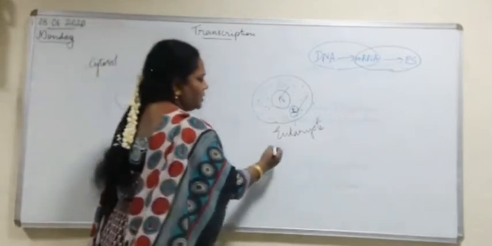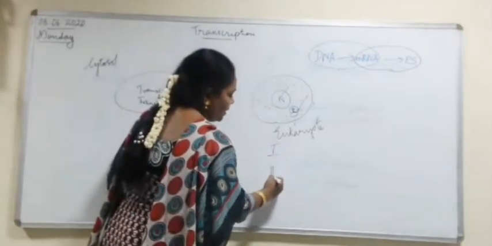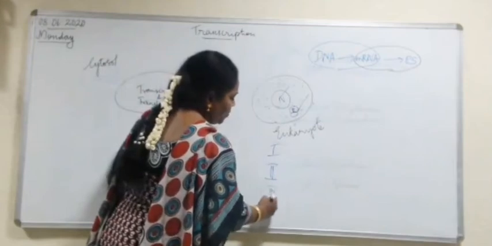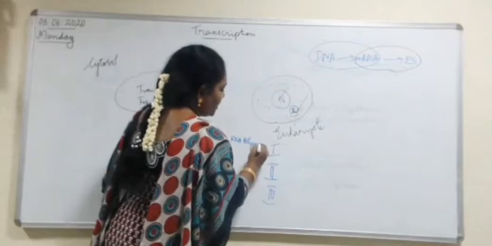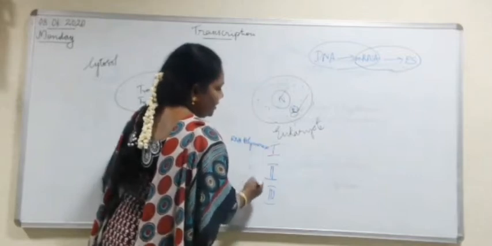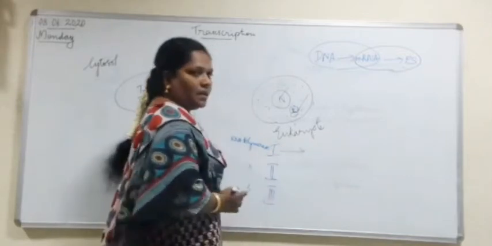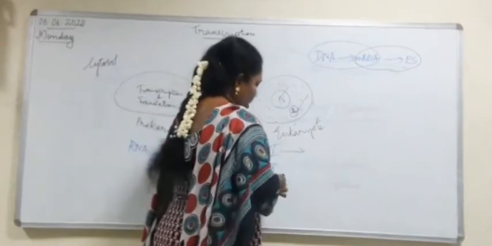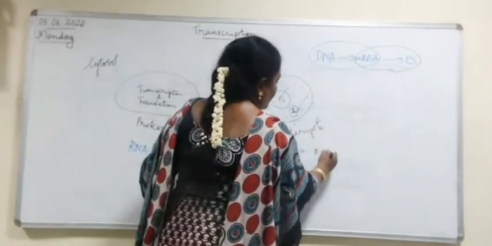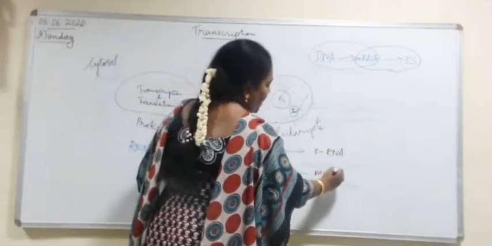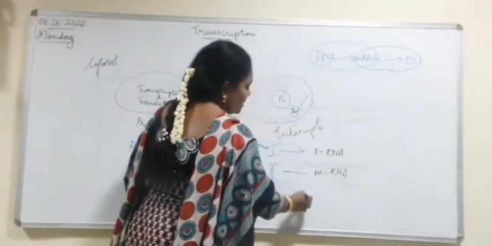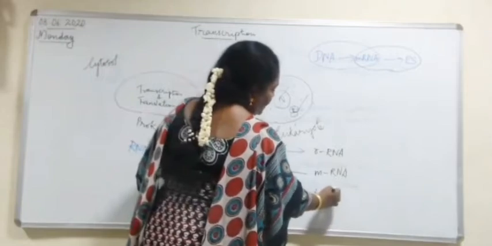Whereas in eukaryotes, there are 3 types: RNA polymerase 1, RNA polymerase 2, and RNA polymerase 3. RNA polymerase 1 helps in transcription of rRNA, ribosomal RNA. RNA polymerase 2 helps in transcribing mRNA, and RNA polymerase 3 helps in transcribing tRNA.